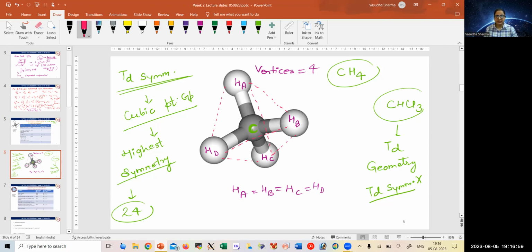The vertices are these ones that I'm highlighting with pink on the hydrogens. These are your vertices, like on a tetrahedron or in a cube.